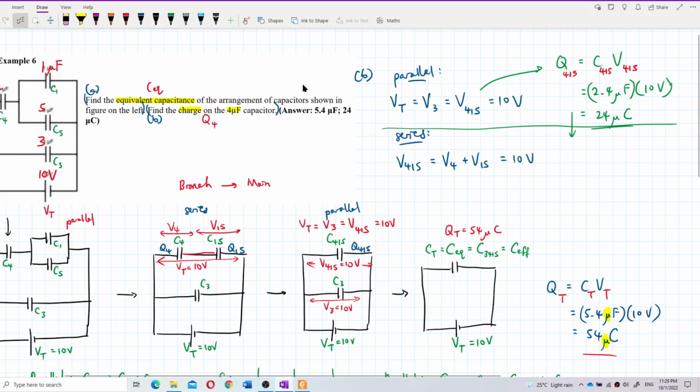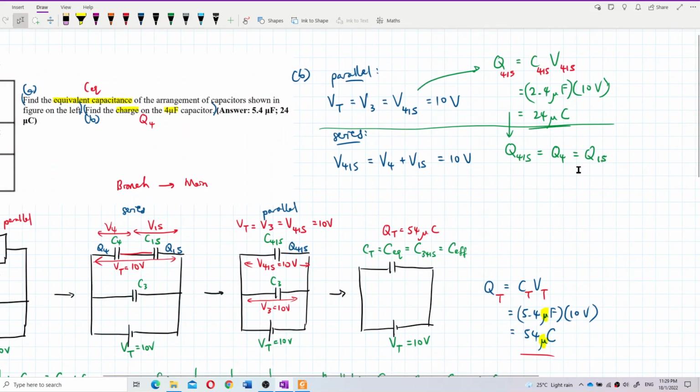So Q415 equals Q4 equals Q15. Oh, I got the Q4 already.